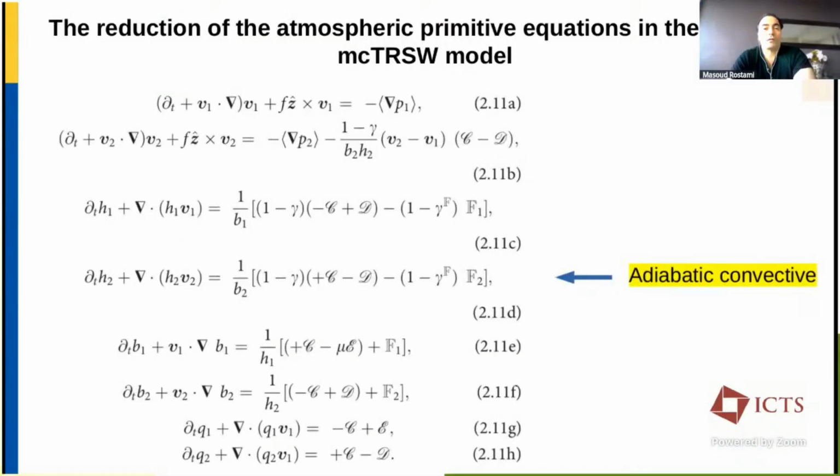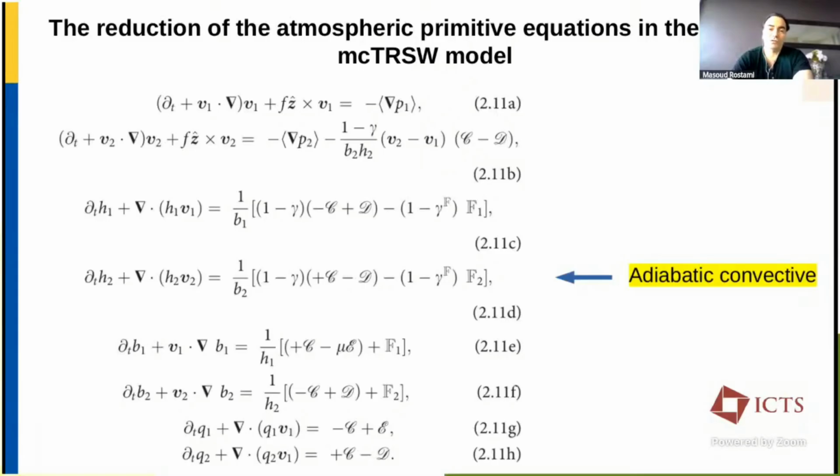So let's go on toward the reduction of the atmospheric primitive equations in the two-layer system, which is a simplified version of the multi-layer system. As usual, you have momentum equations and mass equations.